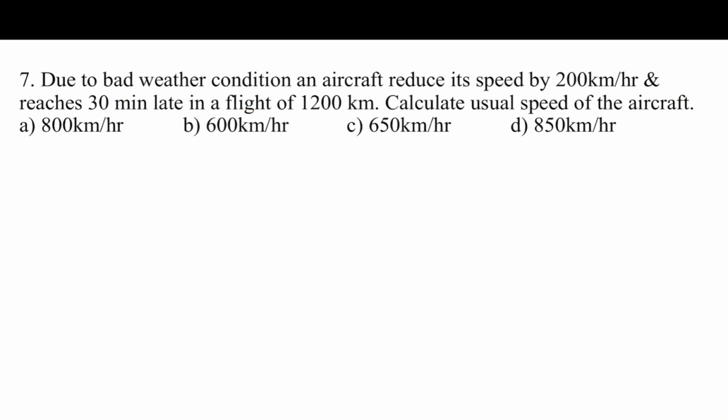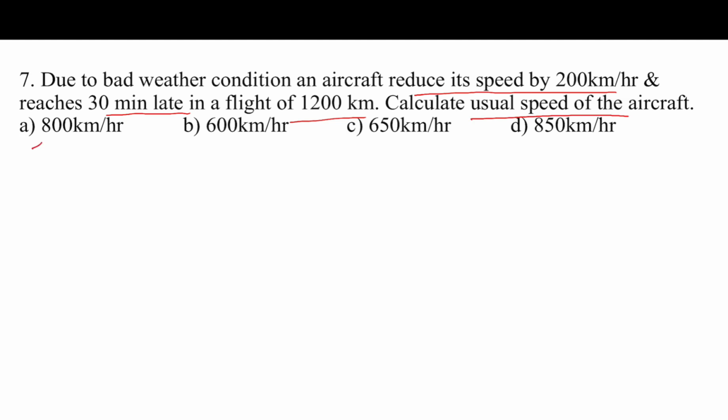Okay. What they are saying is, due to some bad weather, an aircraft reduces its speed by 200 km per hour, and reaches 30 minutes late in a flight of 1200 kilometers, that is 1200 kilometer distance. So calculate the usual speed of the aircraft, they are saying.